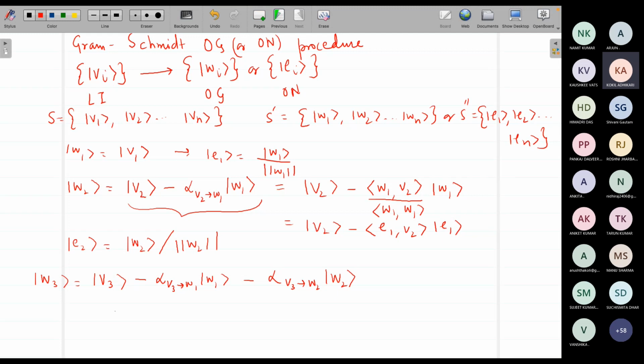The way we have written it, W3 is V3 minus the inner product of W1 with V3 over the inner product of W1 with W1, which is the projection component along W1, and then similarly for W2, the inner product of W2 with V3 over the inner product of W2 with W2.